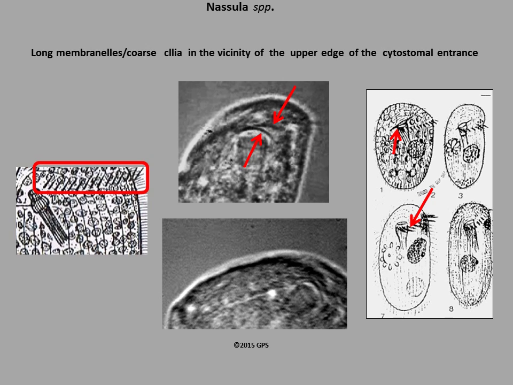In the upper middle photomicrograph, the red arrows point to two of the membranelles of the frange.